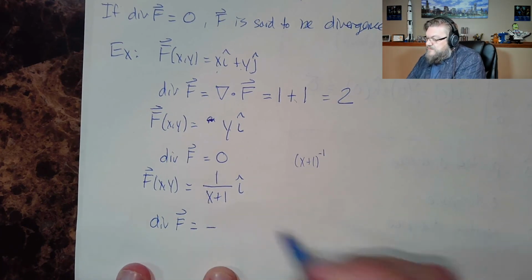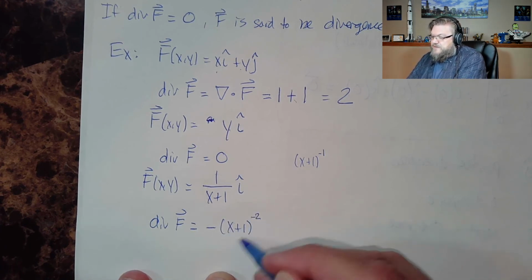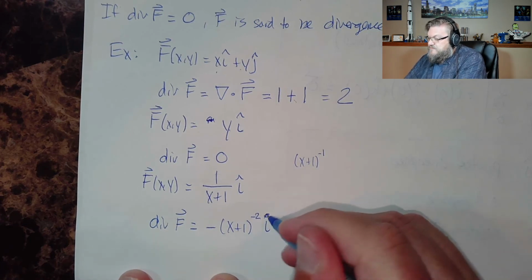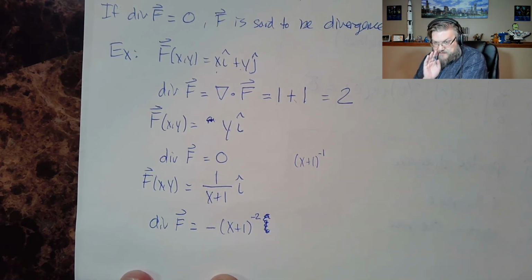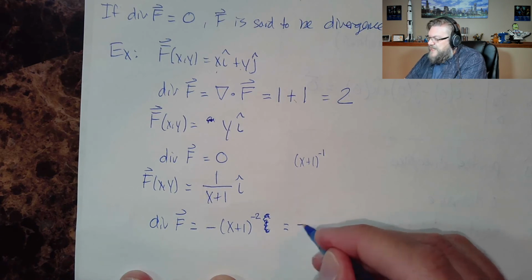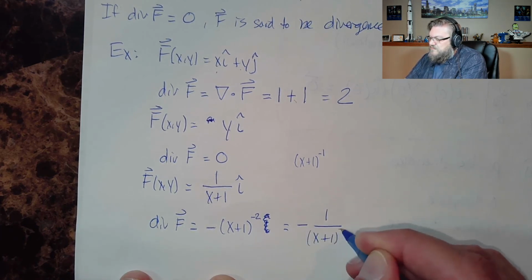So I'm going to have negative x plus 1 to the negative 2 times the derivative of the inside, which is just 1. And that's i. Oops, not i. Divergence is a scalar. And then no other terms, right? 0 terms. So what do I have? I have negative 1 over x plus 1 squared.